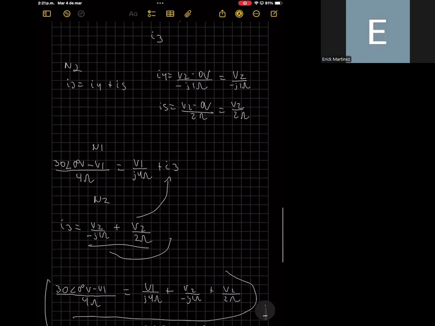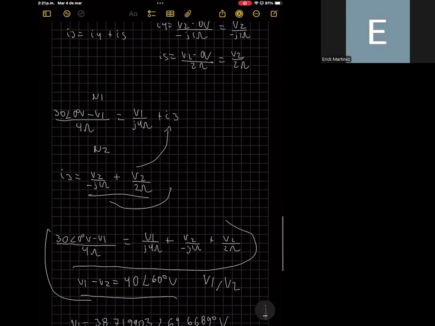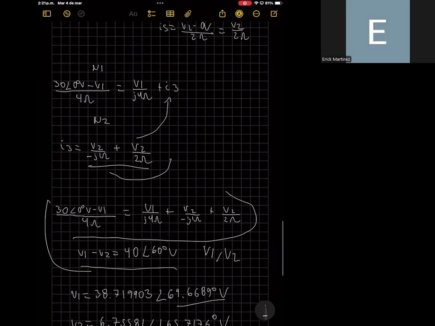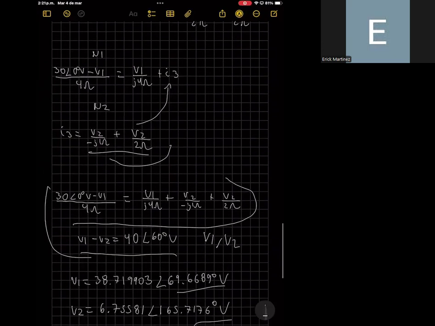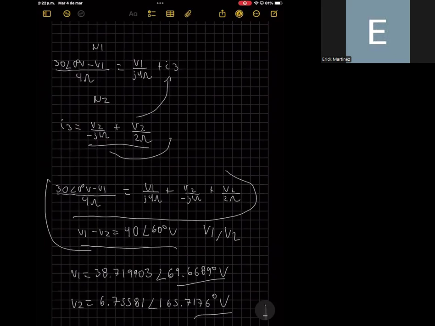That's why you need to increase the size of the node in order to generate a single expression, as the one that we obtained by substituting I3 in the original equation for node number 1, to get only one equation that describes the Kirchhoff current law in the circuit.